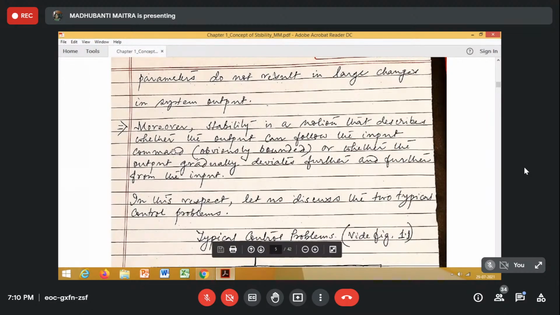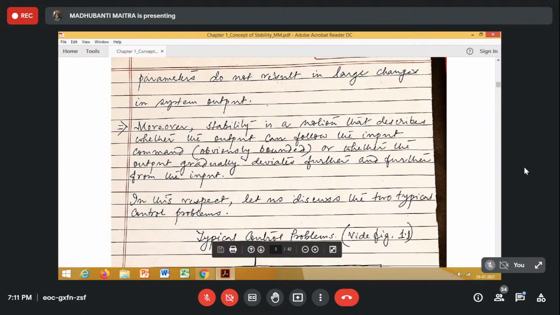So the first condition is a desirable condition where the output response can follow the input command, and under such a situation the system will be classified as a stable one. And in the second case, if the output signal gradually deviates farther and farther from the input signal, then the system will be considered to be an unstable system.